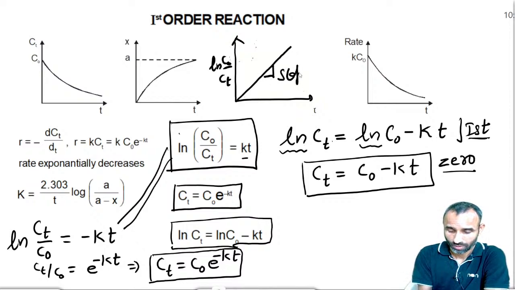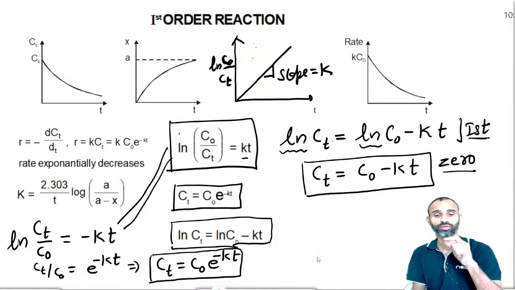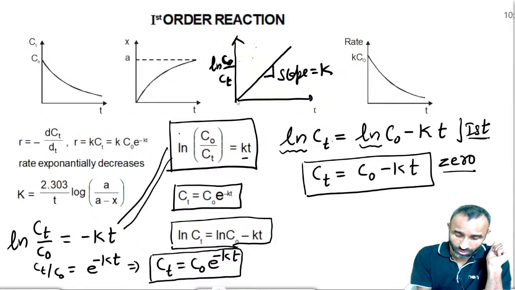Slope equal to k, a straight line passing through origin.